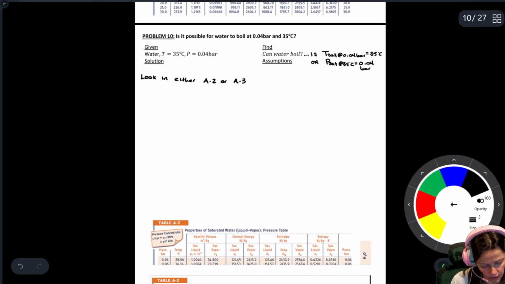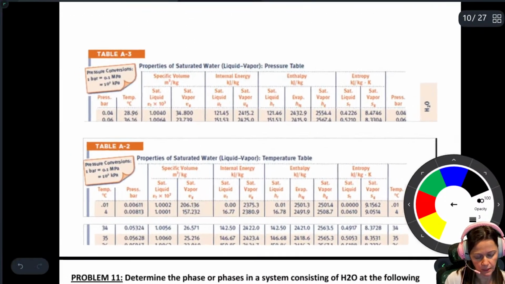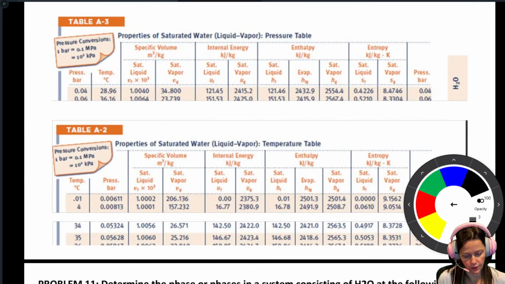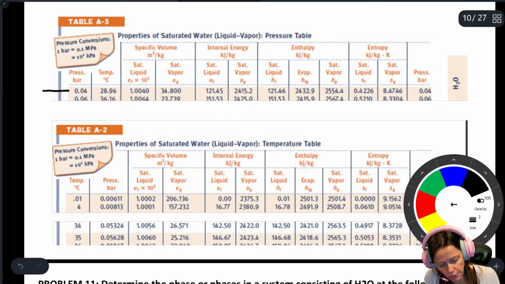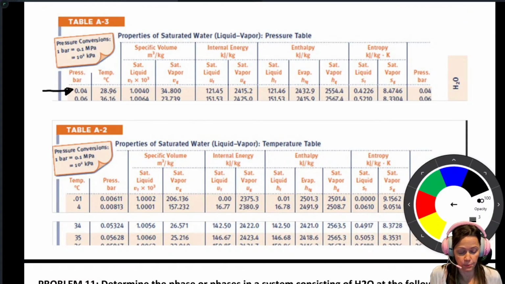So I think I've got both charts here at the very bottom. So it looks like at 0.04 bar, the only possible temperature that water could be at and be in that two-phase region is 28.96 degrees Celsius, not 35.